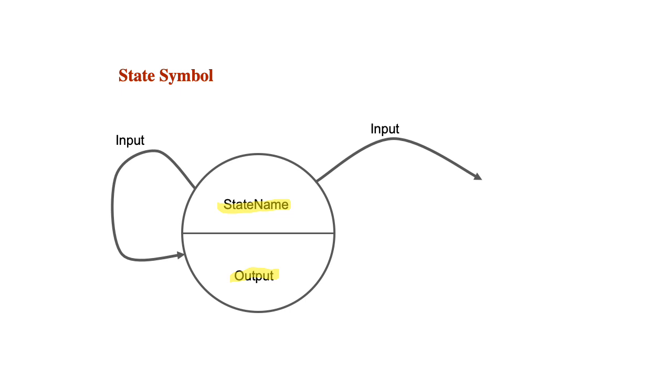For each state, we need to consider all the possible inputs and decide which state we're going to go next. For example, here, if the input has this specific value, we're going to loop back to the same state. Otherwise, we're going to move on to the next state, and so on.